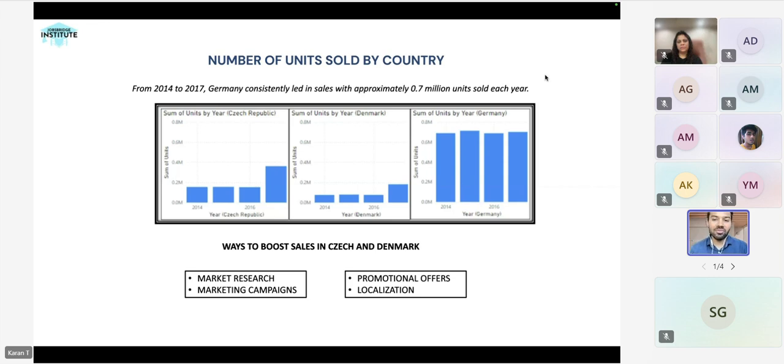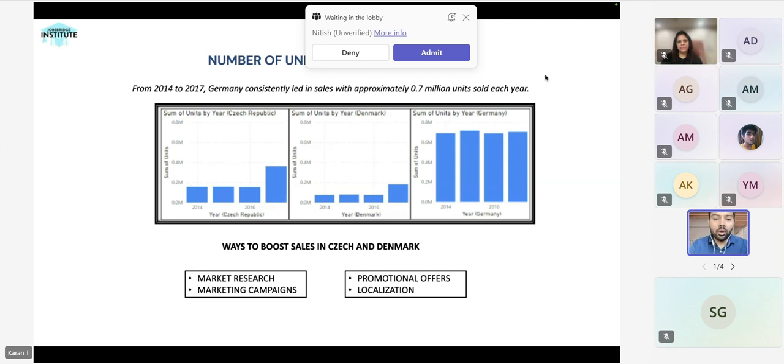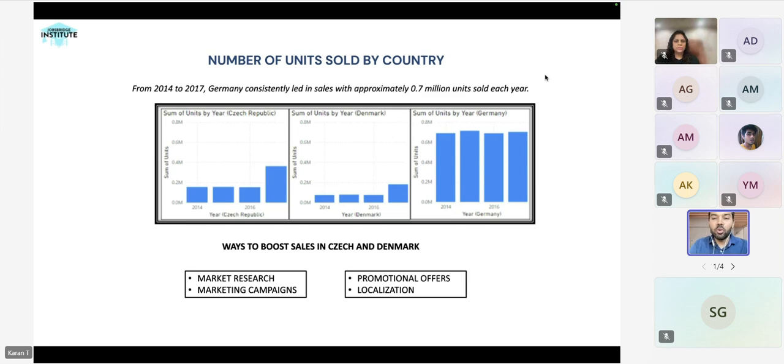So that is one of the ways we can increase the sales. And also, we can do marketing campaigns which can be more targeted towards certain sections that resonate more with the product. So this was more to see how it performs on a country level.